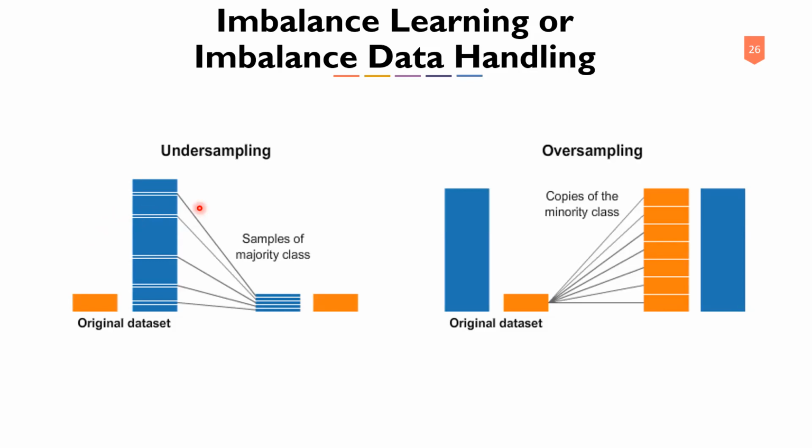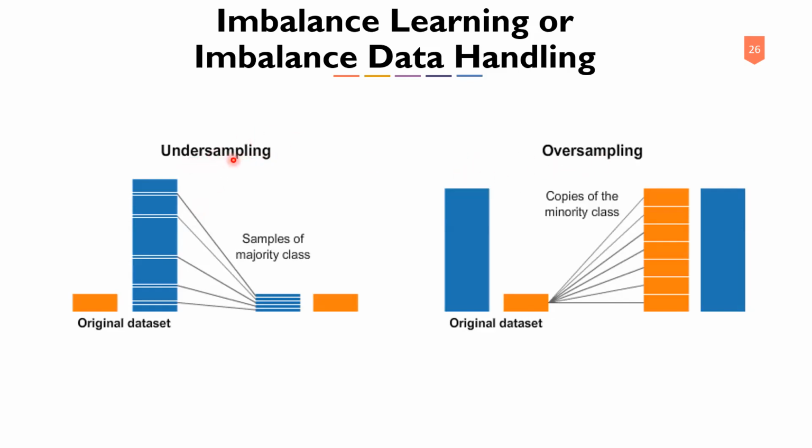So in that scenario, if we have an imbalanced data set, then we need to apply imbalanced data handling techniques, or imbalanced learning techniques. We have three different types of imbalanced learning techniques, and all three fall into two types: one is undersampling and the other is oversampling.